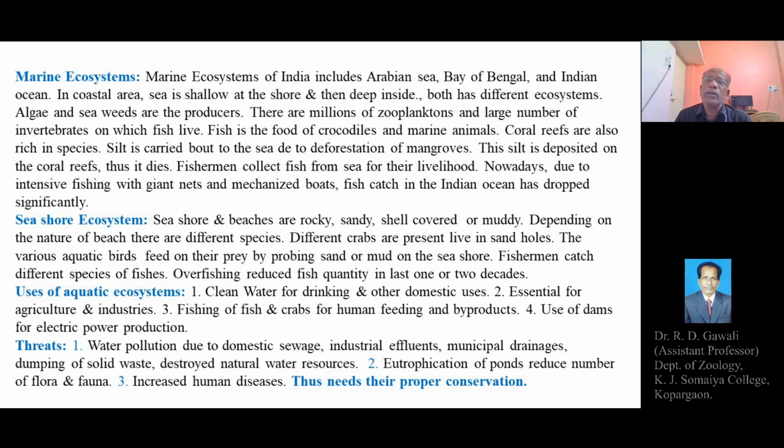Contaminating or polluting the water resources will have a boomerang effect, and that will certainly become harmful to mankind, and that's why it is an essential step that should be followed immediately for the proper conservation of these natural aquatic water resources. So thus they need their proper conservation.